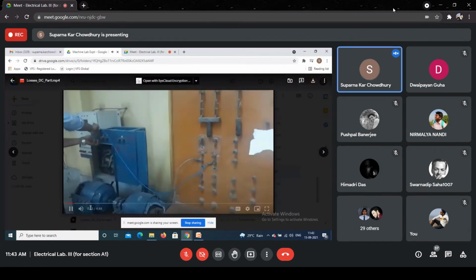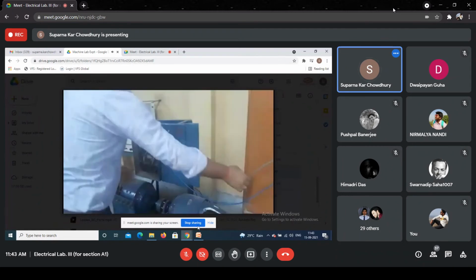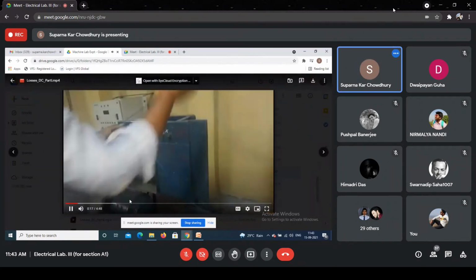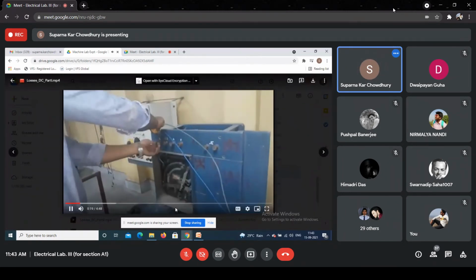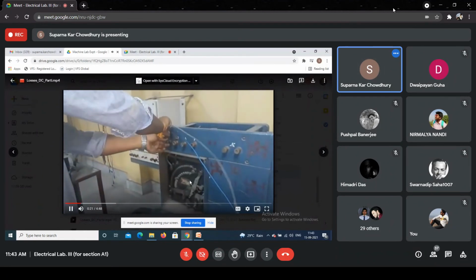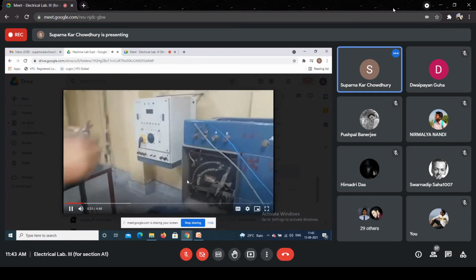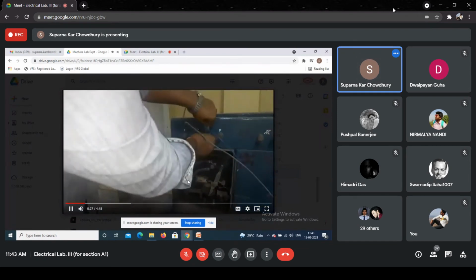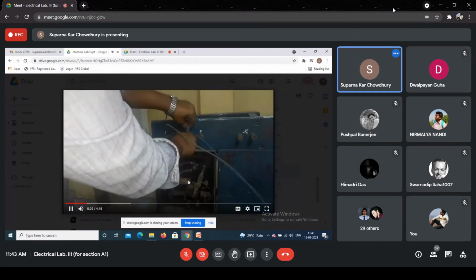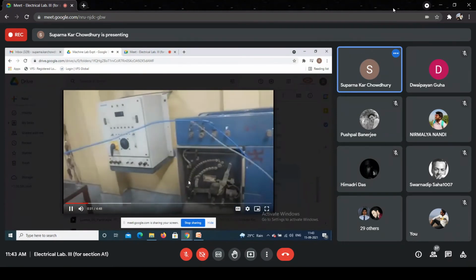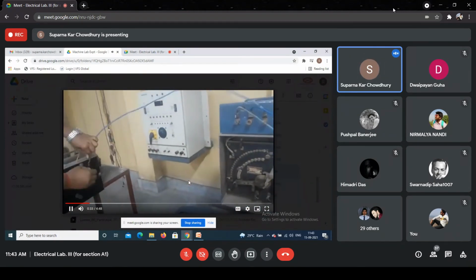Now these are the two machines. This will operate as a motor. This is a generator. This is the starter, a 4-point starter. So he is connecting the DC shunt motor. It has 4 terminals, 2 line terminals, one for armature and one for field.